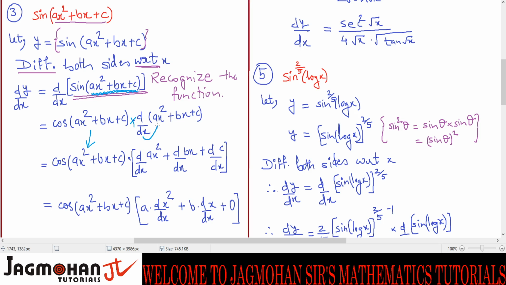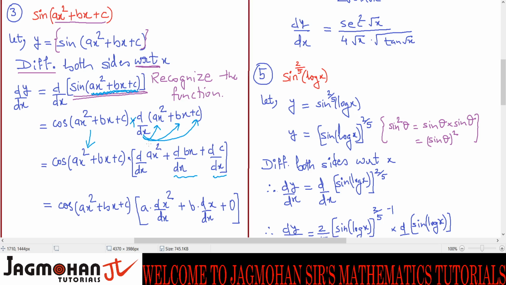What happens next? You write d by dx of ax square, d by dx of bx, and d by dx of c, and in between you have plus signs, so you use the theorem of sum of functions.